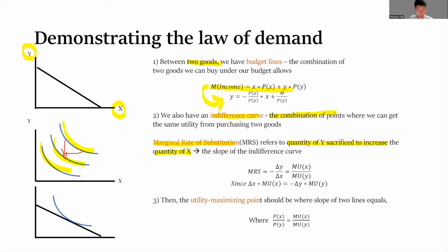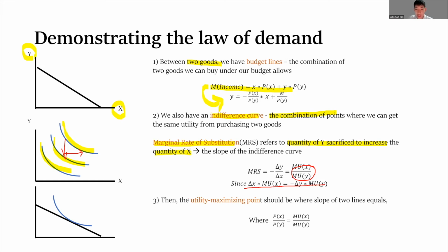The slope can be the change in X over the change in Y, and therefore, due to the equation below, we can say that the MRS, which is the slope of the indifference curve, equals the marginal utility of X divided by the marginal utility of Y.